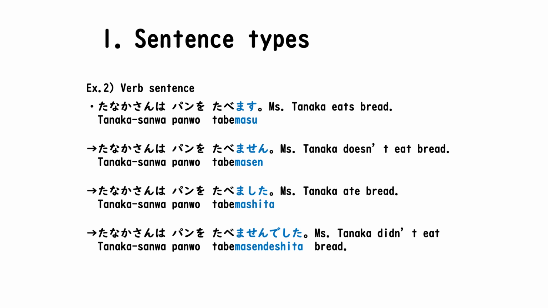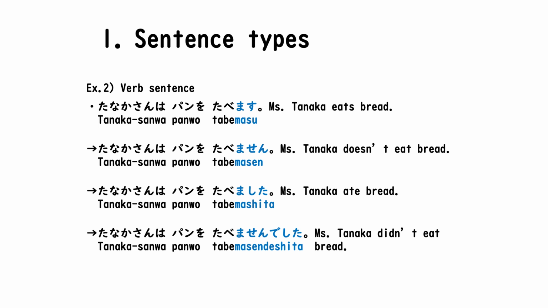Also, when representing the past, ます becomes ました and the sentence will be 田中さんはパンを食べました. Miss Tanaka ate bread.